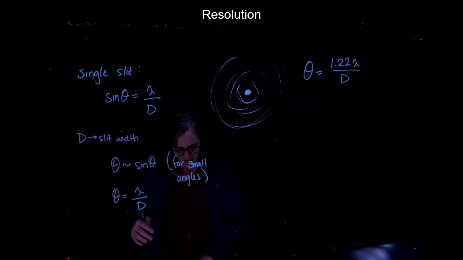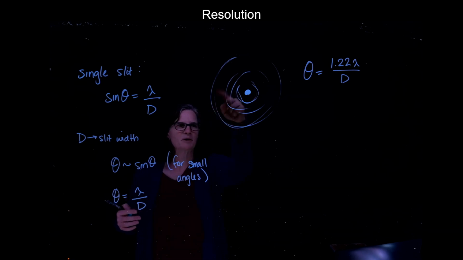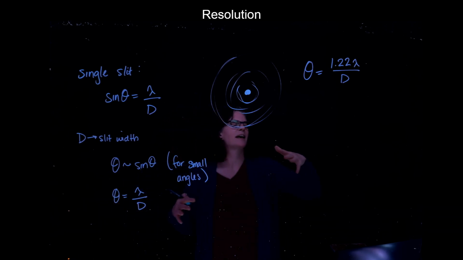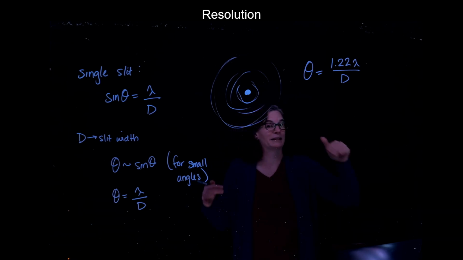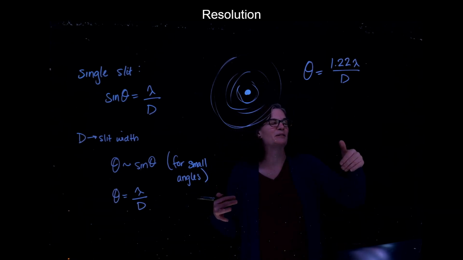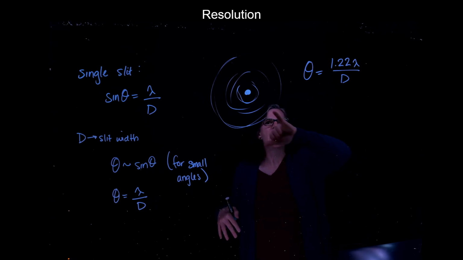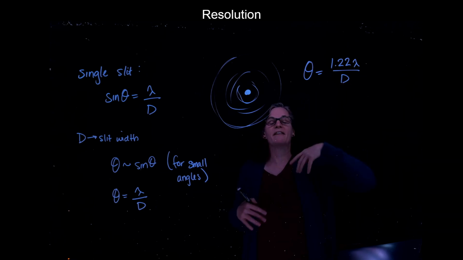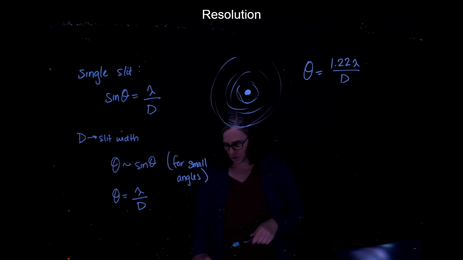The width isn't uniform across the diameter, and so we need to do some mathematical analysis on that. I'm not going to deal with it here. It's been a really long time since I've dealt with that in a more advanced optics class. We do know, however, that on average, it's an approximation, but on average that factor is 1.22 lambda.